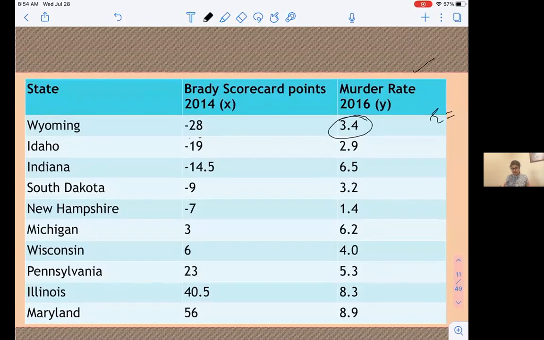What kind of data are we having? What is our range of values for X in our chart? In this raw data, the minimum value for X starts from -28, and the maximum value of X is 56. So this is our bound for X values.